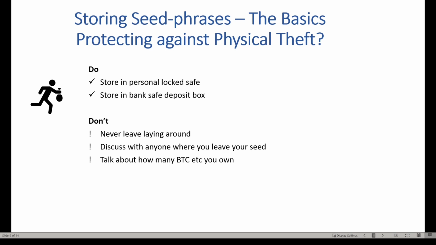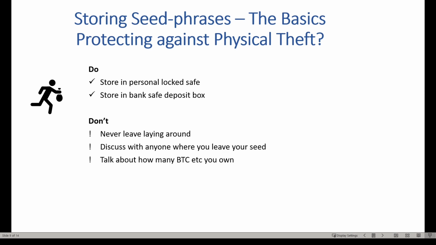If you want to take it to the next level, let's say you're storing a seed phrase that contains a lot of Bitcoin or assets on it. It's got a lot of dollar value stored on it, or it could be for something like a company. Then you may like to look at bank safe type arrangements or vaulting type arrangements, where you may choose to put your seed phrase into one of those really high-end secure environments.